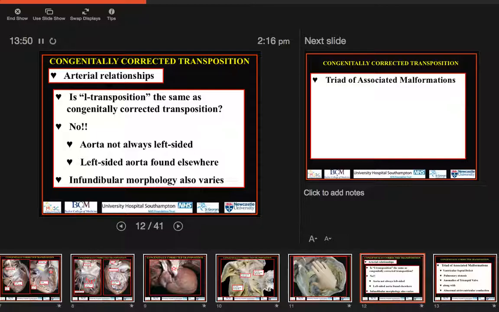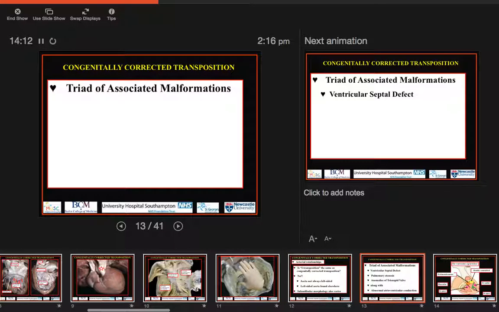Transposition SDL is L transposition, but is not congenitally corrected. So we cannot use L transposition as an alternative for congenitally corrected transposition. So I hope you will all now, even though it's a few more words, describe the entity as congenitally corrected transposition.